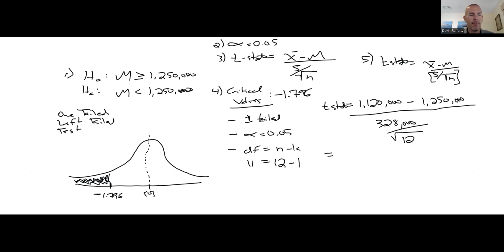And now I just have to do a straightforward calculation. What is the square root of 12? Square root of 12 is 3.46.